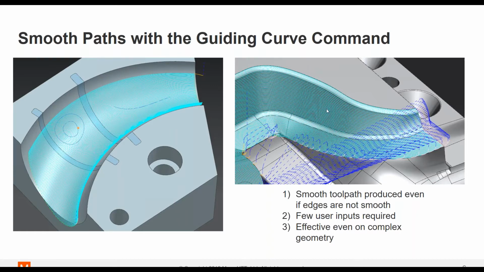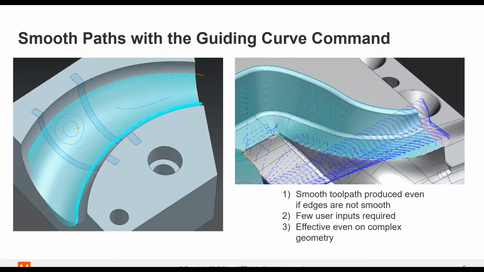Now the other type of machining we want to do with the guiding curve is a constant offset. You see that in use here on the picture on the right, where we have a constant offset coming down from this single control curve. And of course, as we get down lower here, there are different widths, and so the tool runs out. At that point, we're going to pick up and go over and start the toolpath again.